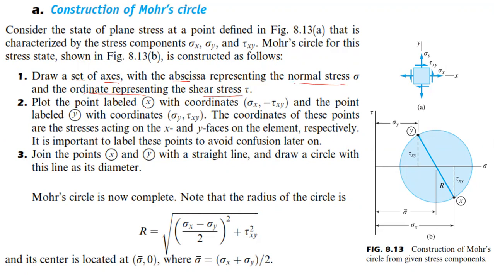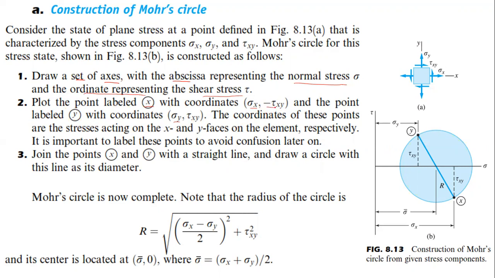Second, plot the point labeled x with coordinates sigma x, negative tau xy, and the point labeled y with coordinates sigma y, tau xy.